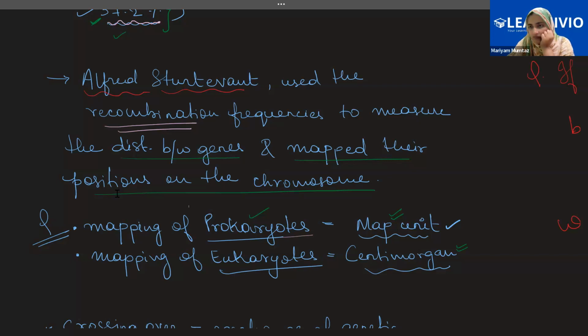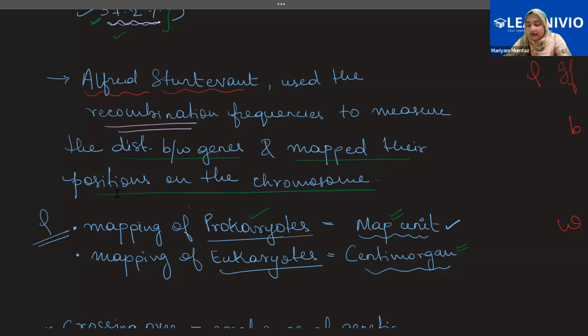But if the alleles are far from one another, hence loosely located, they will show recombination. And then I drew the alleles like this, closely packed and then loosely linked. Correct. This is what it signifies.